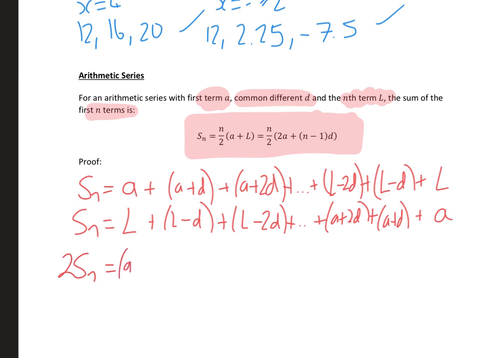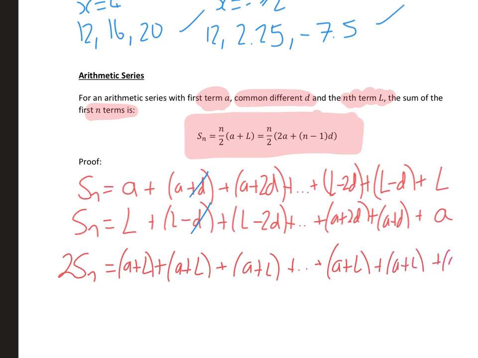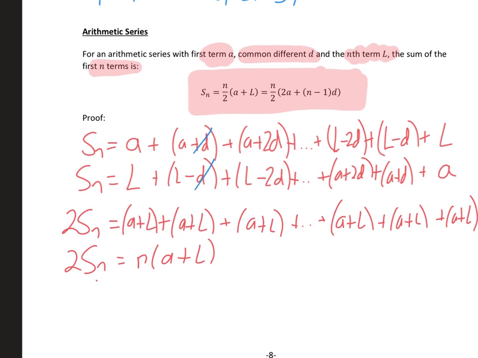Well, the first term gives me A plus L. The second term would be A plus D plus L minus D, so the D's would actually cancel out, so I just get another A plus L. Same for the next pair, the D's cancel out, again A plus L. And that's going to happen with all the terms in the middle, and my last term gives me A plus L. And there were n terms, so I'm going to have n lots of A plus L. And so to get Sn by itself, I just need to divide by 2. So it's n over 2 times (A plus L).